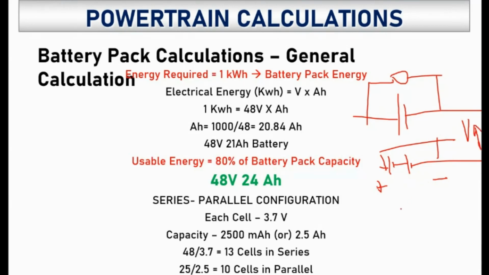So let's say you have a 3.2 volt nominal voltage cell, and you have 10 cells in series, you will have 32 volt.